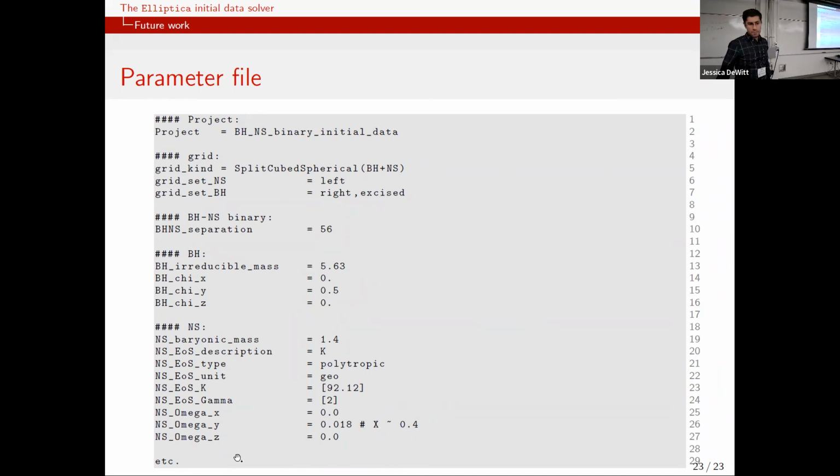And you set the parameters for the neutron star, and the other things: how to solve these equations, and how you want to adjust the update of your fields after each elliptic solve. You pass this parameter file to Elliptica, and Elliptica reads it and gives you the initial data in a binary format. Okay, I guess I'm done here.